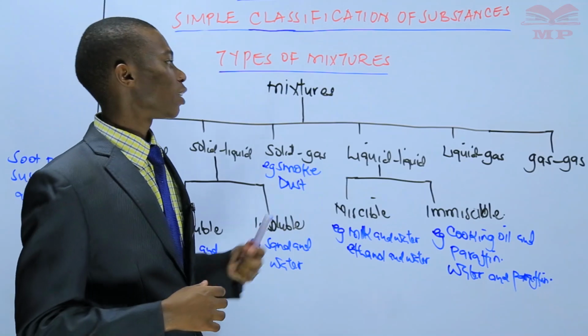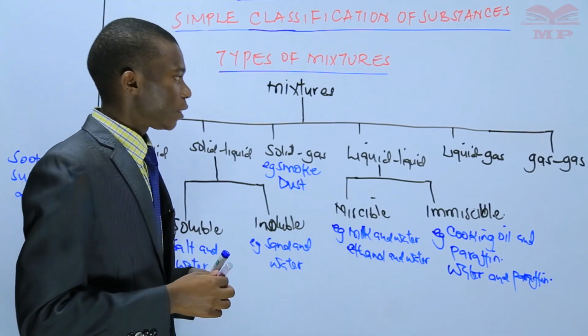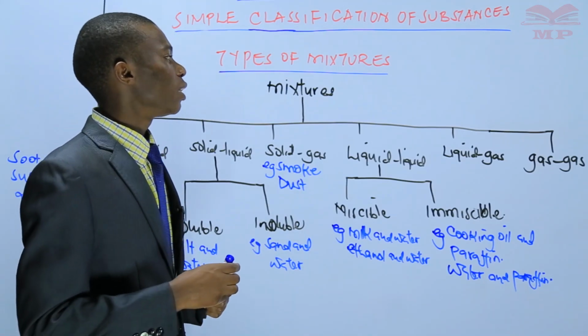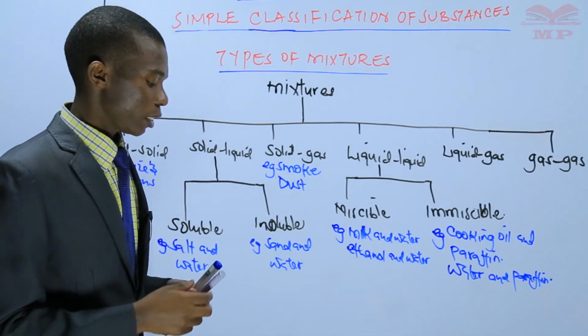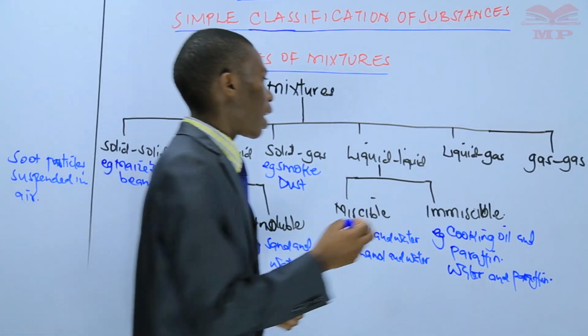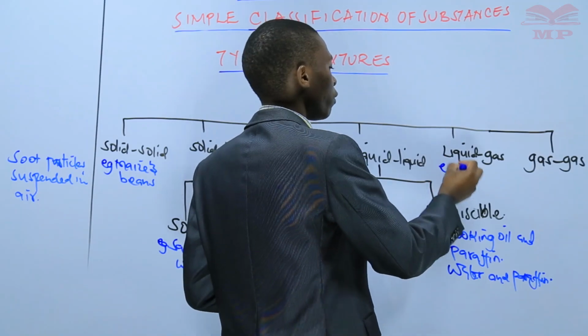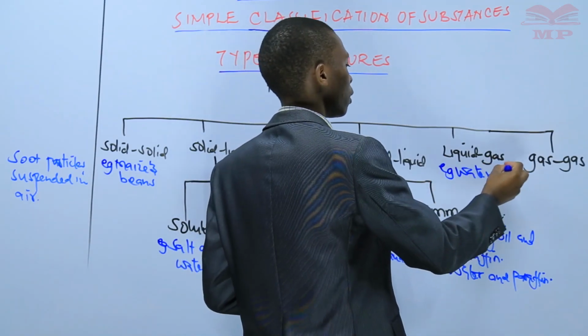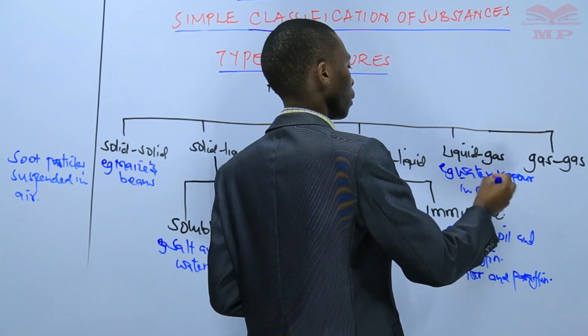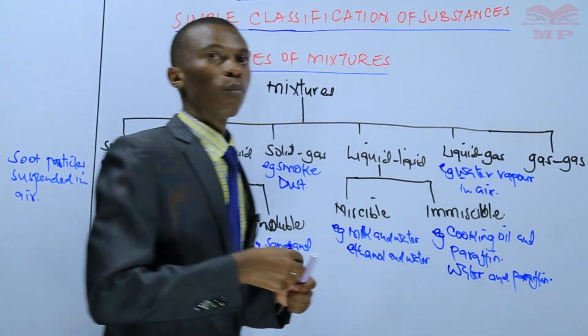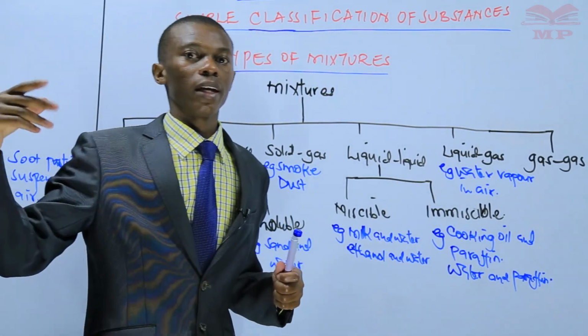We go to the next category of mixture, which is a liquid gas mixture. In this case, we have water vapor in air. There's some water vapor in the air.